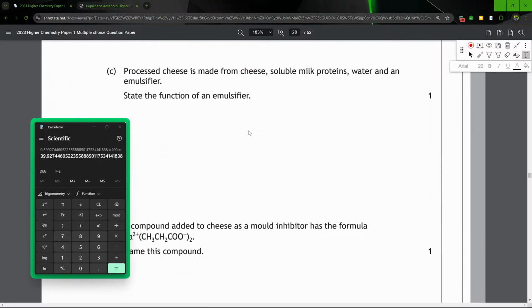Processed cheese is made from cheese, soluble milk proteins, and water, and an emulsifier. State the function of an emulsifier. So basically, an emulsifier allows an emulsion to stabilize and not separate into layers.